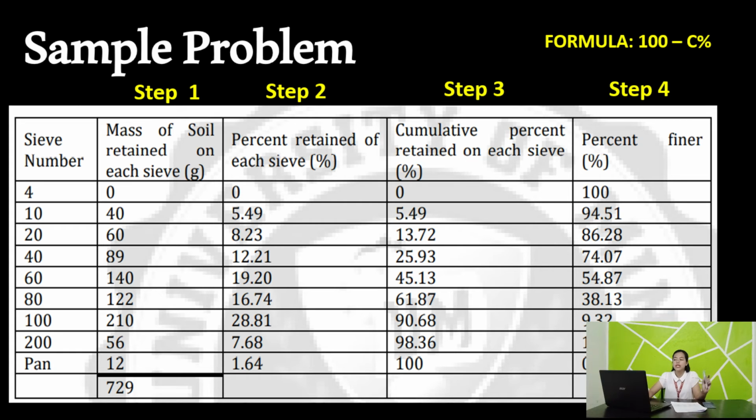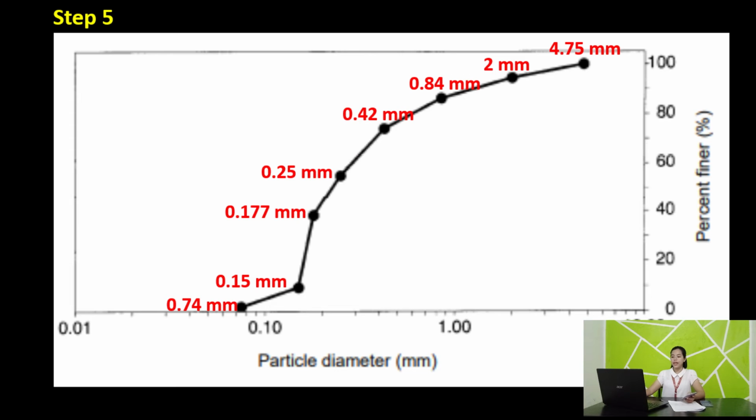So, dali ra kayo, as long as tama ang atong cumulative percent retained. The formula for percent finer is 100 minus cumulative percent retained on each sieve. So, 100 minus 5.49, ang answer, 94.51.